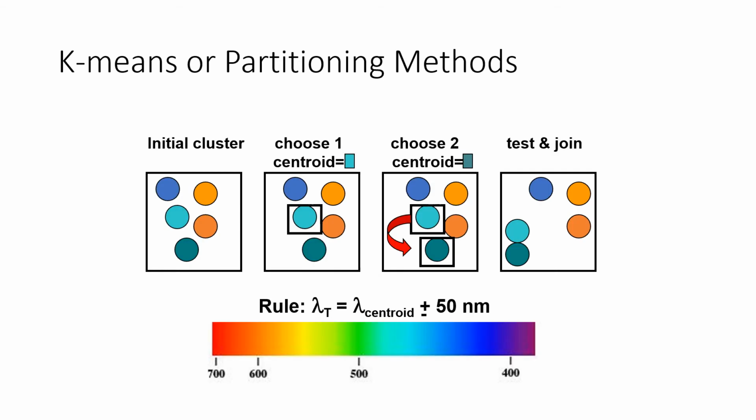So in pictures, it's probably a little easier to understand, but we can have these 5 different colored balls. We can use the color spectrum to decide whether things are going to be in the cluster or not. So if we randomly choose one cyan colored ball, we use our threshold rule.